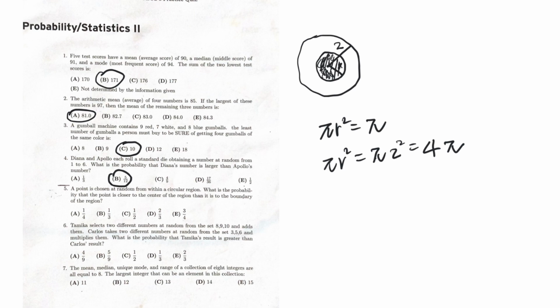The probability is the smaller area over the total, that's pi over 4 pi. We cancel the pi, that's 1 over 4. So the answer is A.